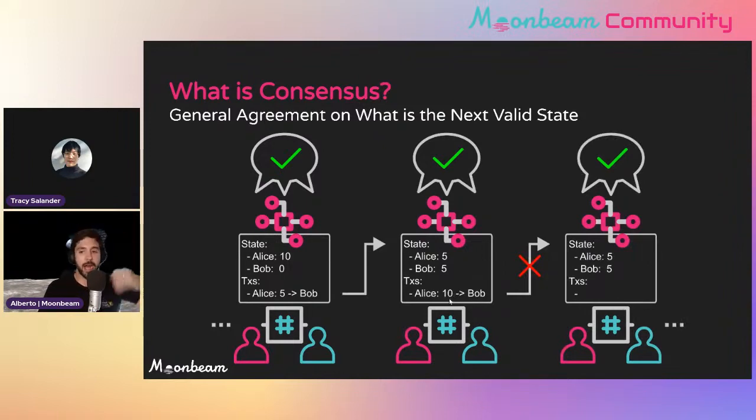And so now, if you think about it, if the consensus is decentralized and trustless enough, even though one person says, I'm going to include this transaction in this block to calculate a new invalid state, everyone else can just say through a mechanism, hey, buddy, this is not right. And so the state will be 5 and 5, okay? I am generalizing a lot of things here, but the idea that you need to understand is that consensus is what tells you the next state of the blockchain, if it's valid or not.